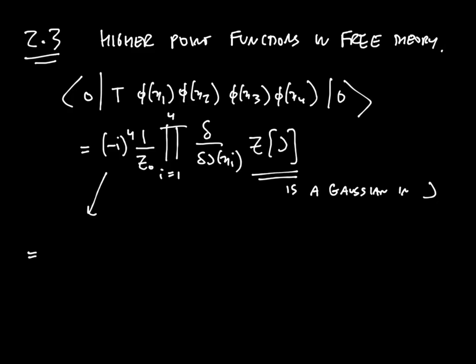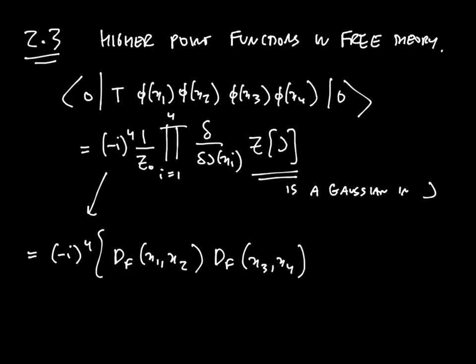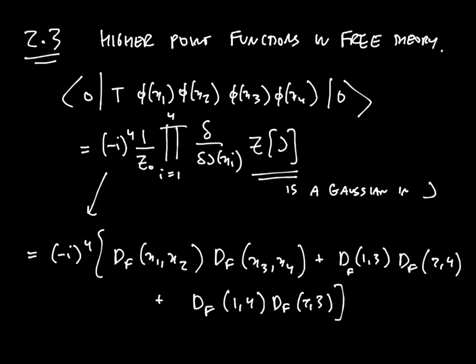This thing right here turns out to be minus i to the 4th times DF between x1 and x2 times DF between x3 and x4, plus DF between x1 and x3 times DF between x2 and x4, plus DF between x1 and x4 times DF between x2 and x3. So in other words, what you're really doing is drawing propagators between all different pairs of points.